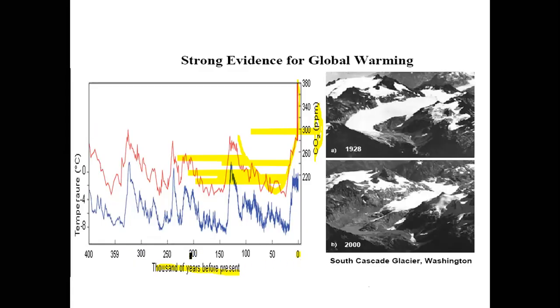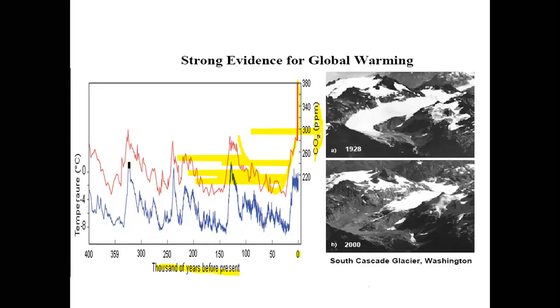So this picture shows you the Earth's surface temperature and the carbon dioxide level in the Earth thousands of years before the present. So when you look at this diagram, you can see there is a relationship between carbon dioxide concentration and the temperature of the Earth's surface. What you can see, at the beginning, here you can see there are minimum points and maximum points.